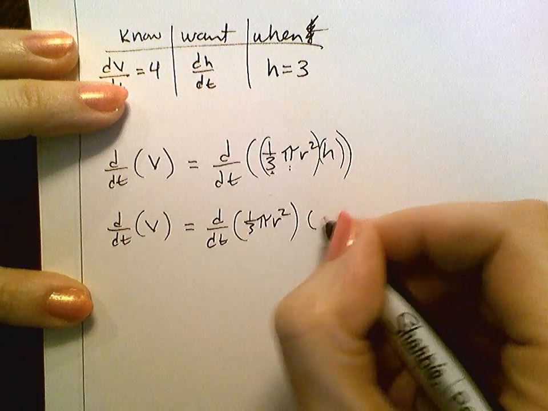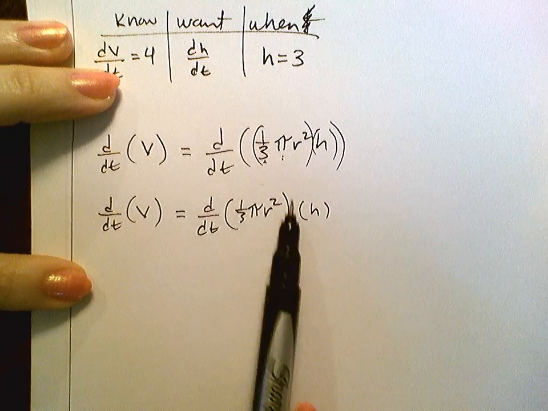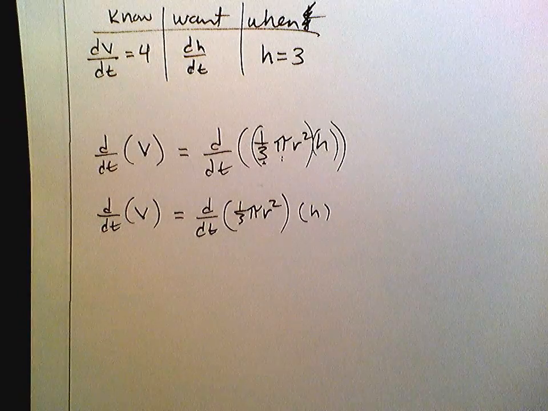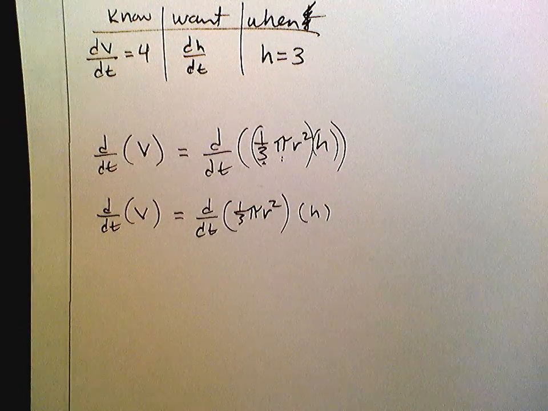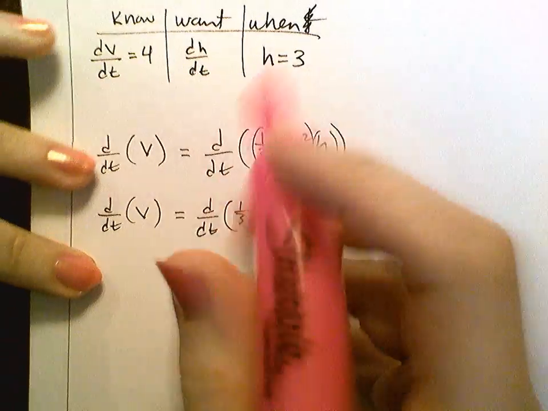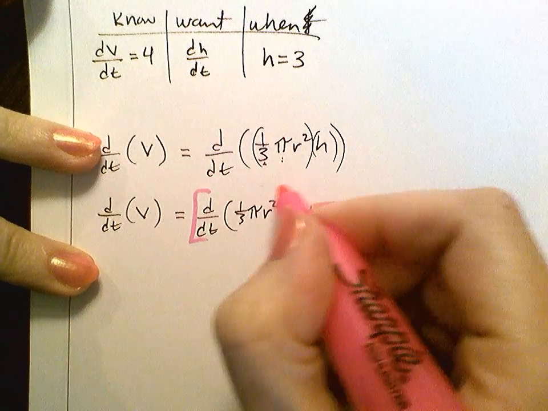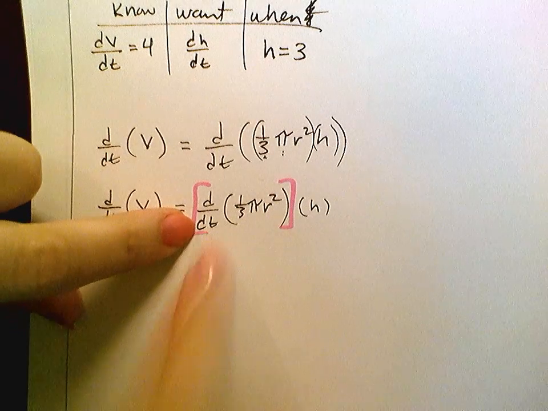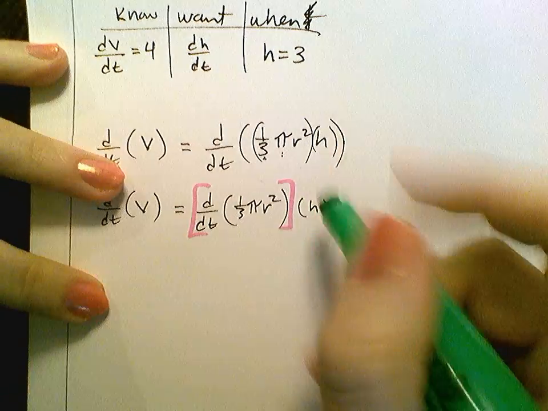And then I bring down the second function. So this is like bracket prime, kind of. It's like I moved the prime inside as a d/dt. So think of it that way.